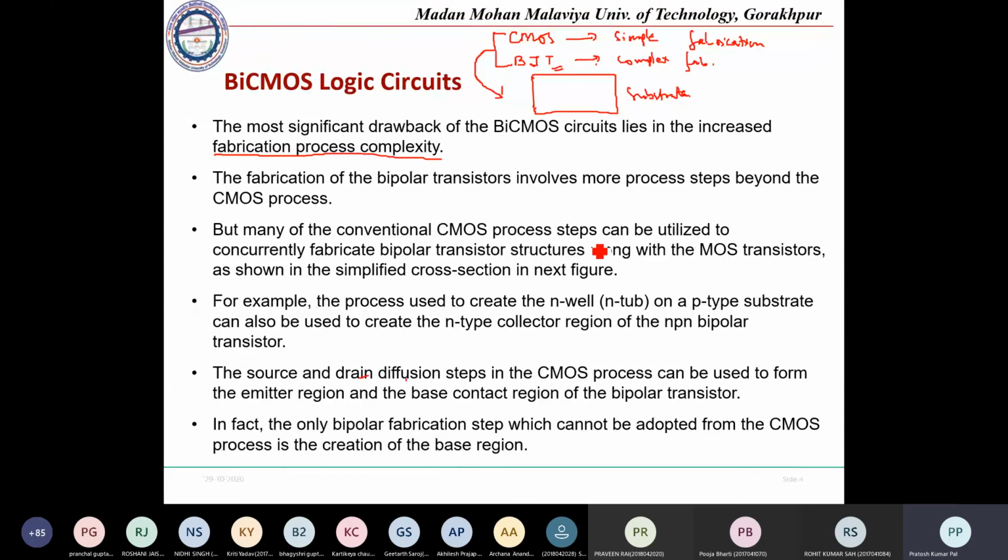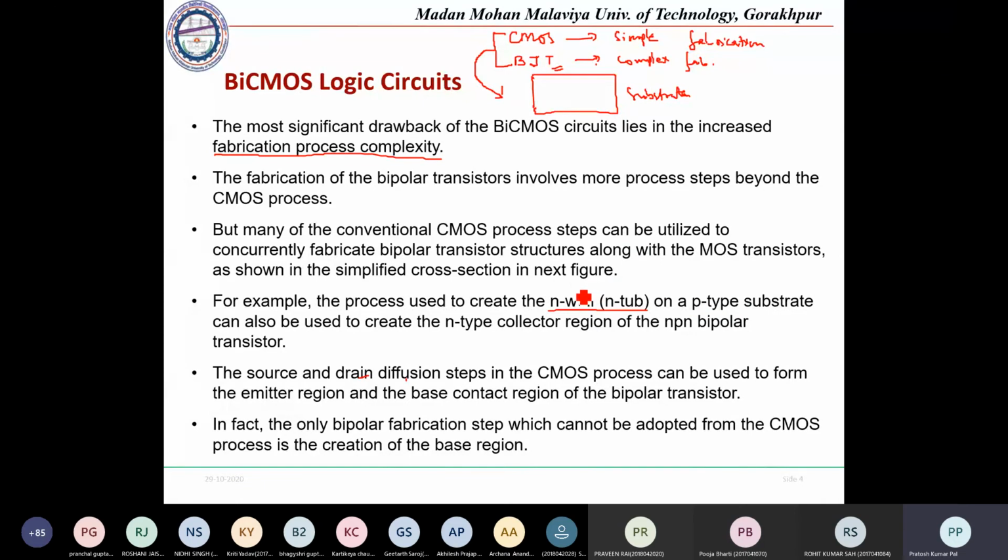So many of the steps that we are going to see are the same. For example, consider the process used to create the NVEL. The NVEL or N-tub we create in CMOS logic on a p-type substrate to create a p-type MOSFET.